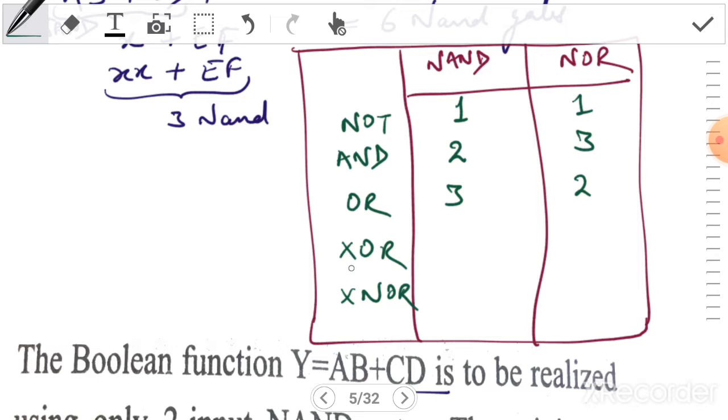To realize an XOR gate, we need 4 NAND gates and 5 NOR gates. To realize an XNOR gate, we need 5 NAND gates and 4 NOR gates. That is why NAND and NOR gates are universal gates. So let me show how I remembered this.